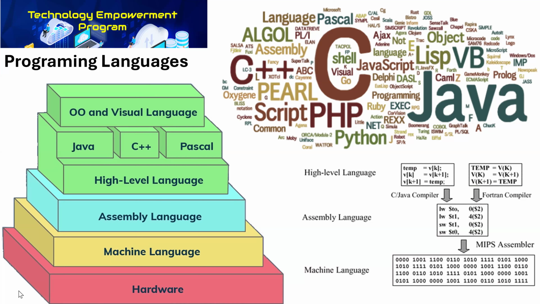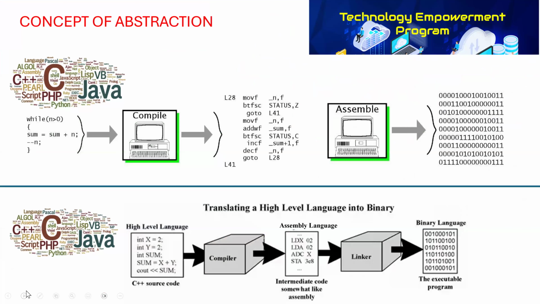Okay. So if you take the concept of abstraction, if you write while n is greater than zero, sum equals sum plus n and everything, this is what the coders write. That's the whole JavaScript, shell scripting, Visual Basic, and all that. So you see, they all go through the same cycle.